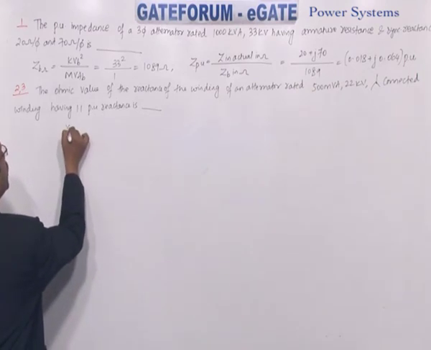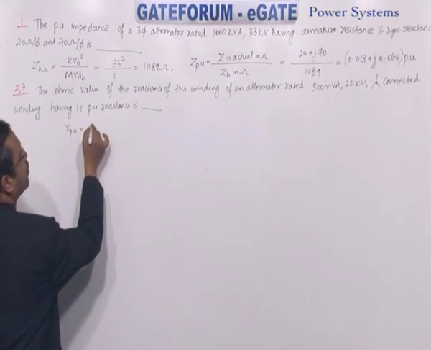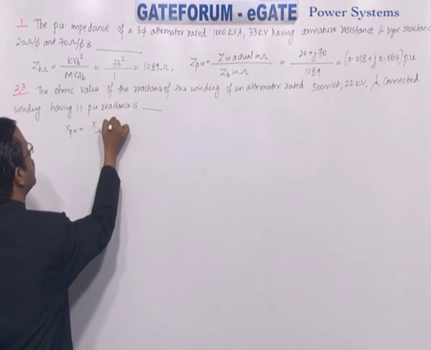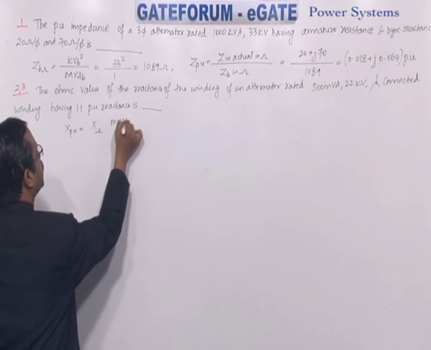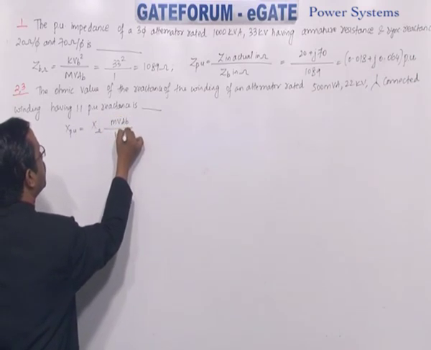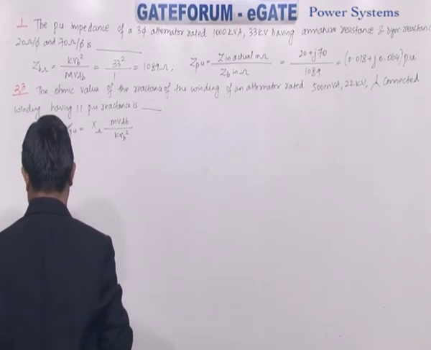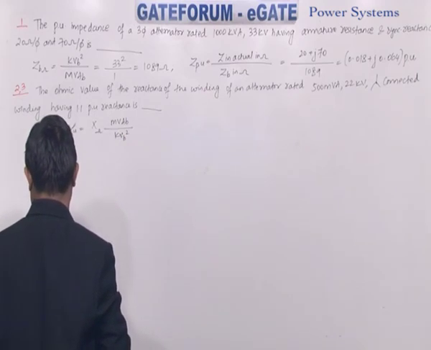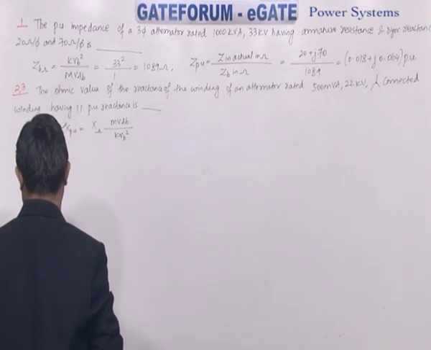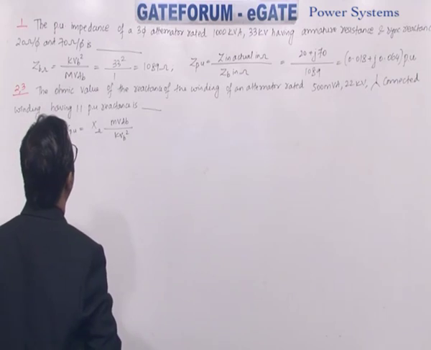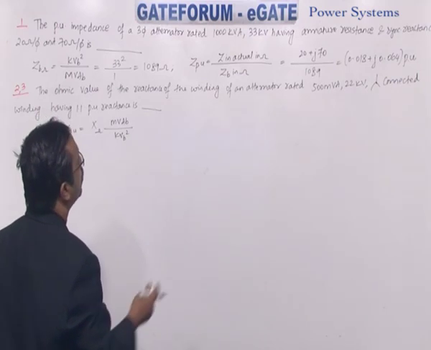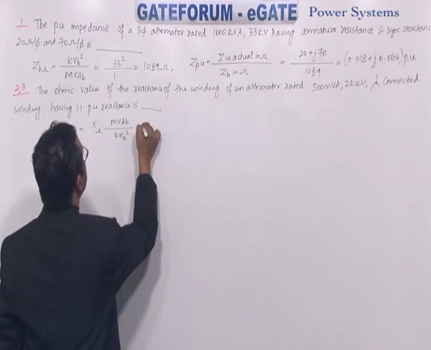So you know this formula per unit, how to write? The reactance in ohms multiplied with base MVA by base kV square. And now you substitute the values.